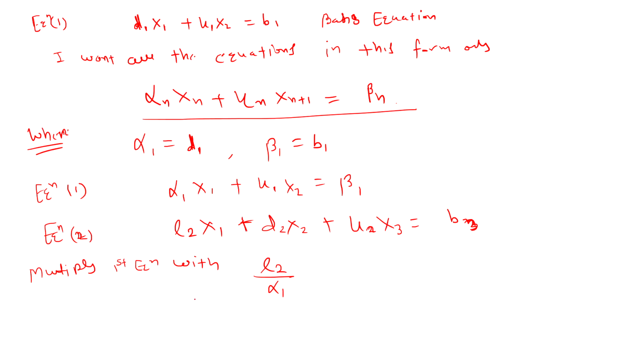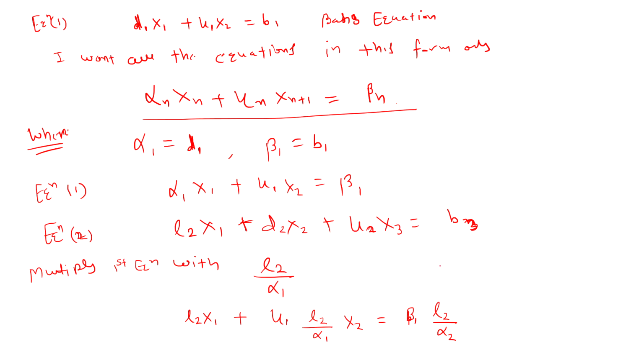So that will make my equation 1 as L2 x1 plus u1 L2 upon alpha 1 x2 is equal to b1 or beta 1 times L2 upon alpha 1.